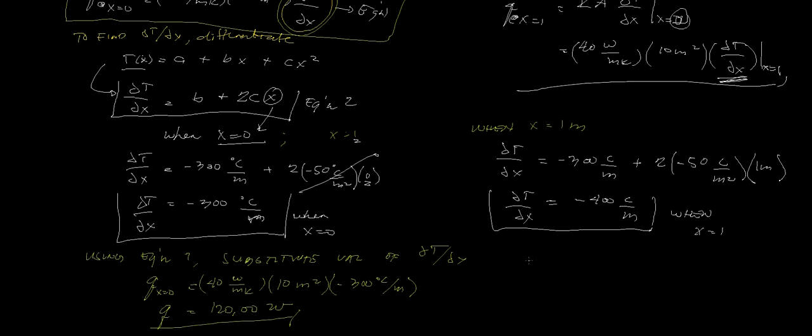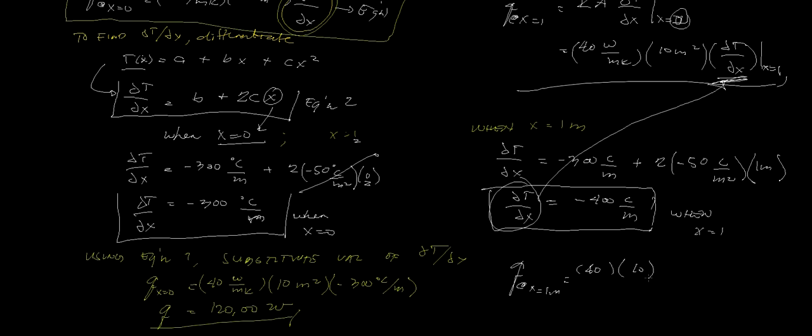Then our Q when x is equal to 1 meter is just equal to 40 times 10 times negative 400, which is equal to negative 160,000 watts. So this is our Q at x is equal to 1 meter.